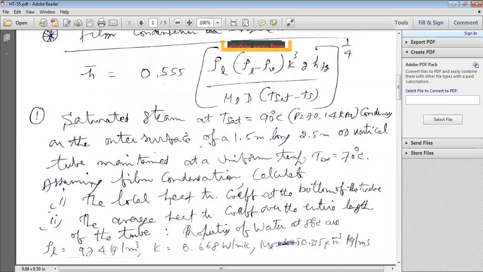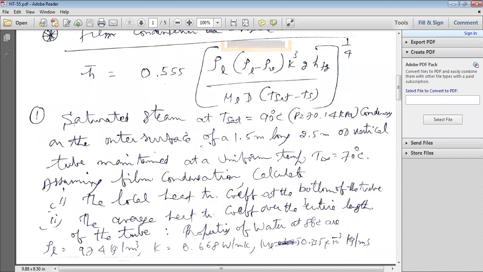What you have to calculate is the local heat transfer coefficient at the bottom of the tube, that is hx at x equal to L, and the average heat transfer coefficient h bar. A vertical tube is treated as a vertical plate condition; the only difference is the area, for the vertical tube pi dL, the outer surface area.